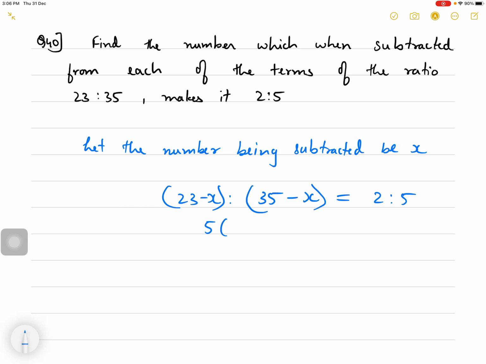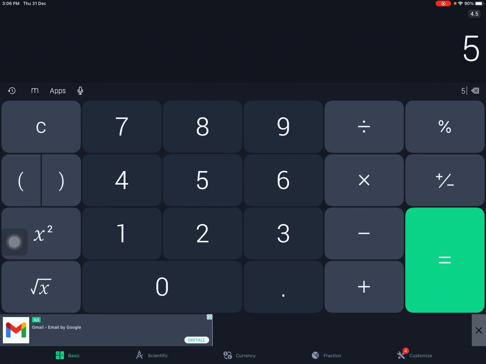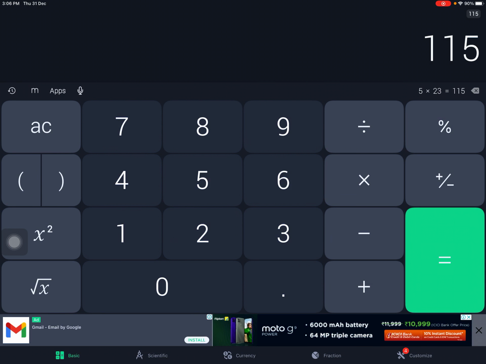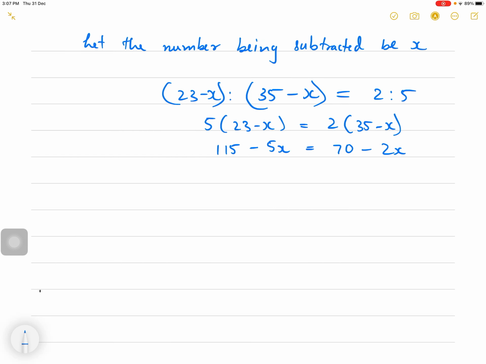So 5 into 23 minus x is equal to 2 into 35 minus x. 5 into 23 is 115. So 115 minus 5x is equal to 2 into 35, which is 70, minus 2 into x, which is 2x. Okay.